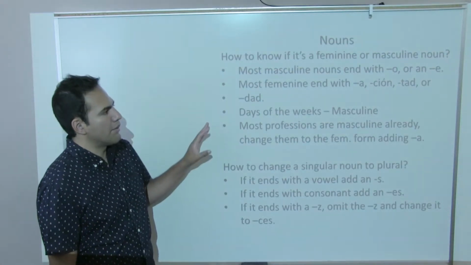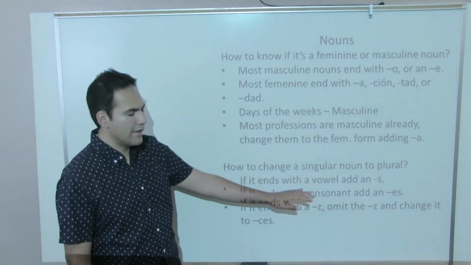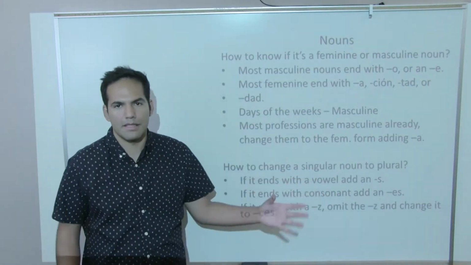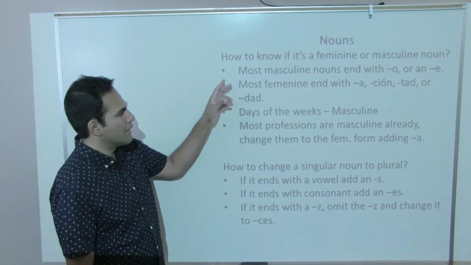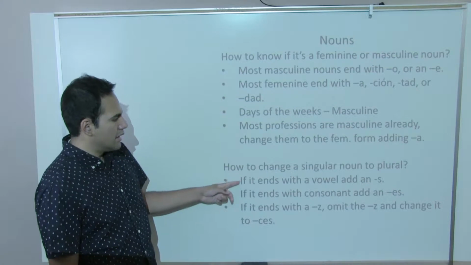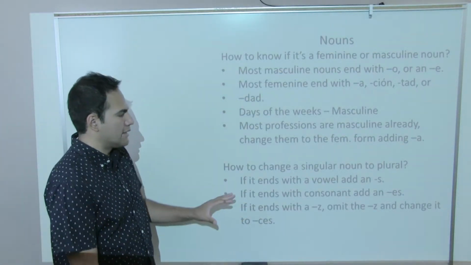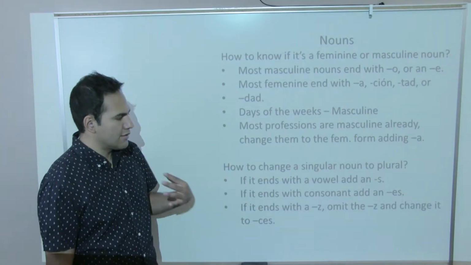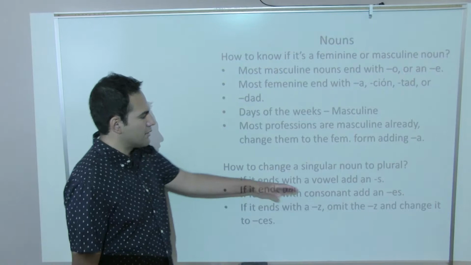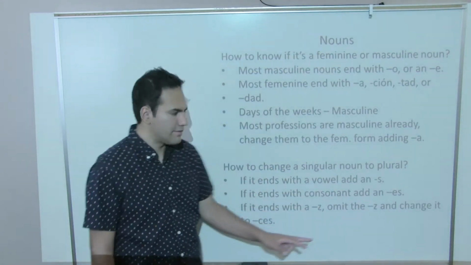But also, an important thing is nouns also change from singular to plural. So, in order to make masculine or feminine nouns plural, we need to be aware of the ending of those words. For example, if the word that we want to change from singular to plural ends with a vowel, then we're just going to add an S at the end.